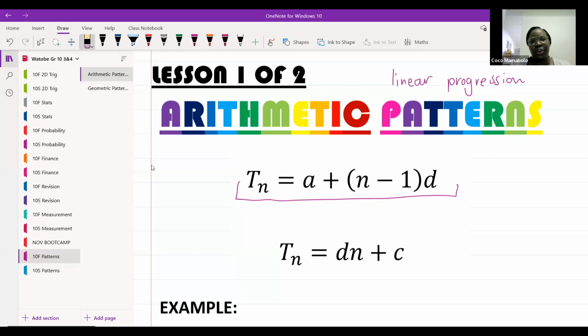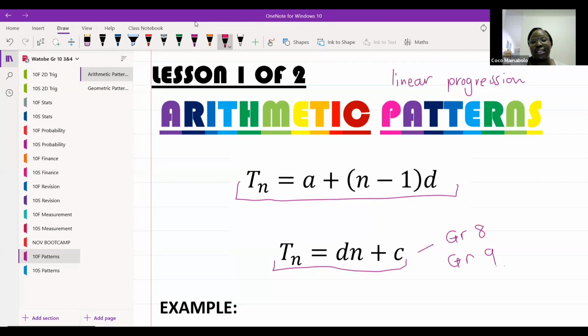This is the standard formula that you'll find on your formula sheet, but also this one is accessible because you've used this one in grade 8 and grade 9. So I'm going to show you guys how to use both equations because they're both going to lead us to the same answer, but depending on which one is most comfortable, you're more than welcome to use both.